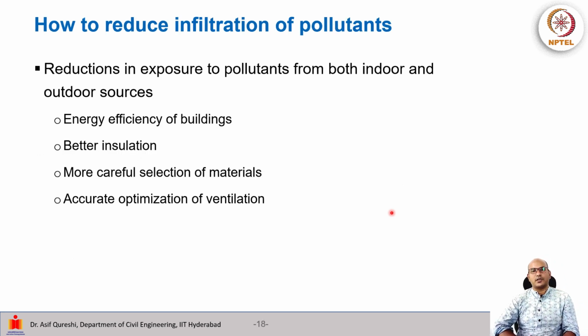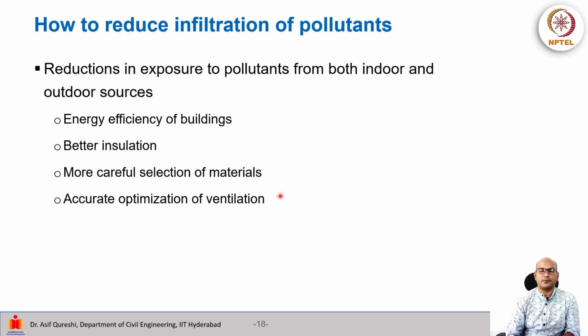So of course, how do we do that now? How do we reduce the infiltration of pollutants? Especially if we are talking about outdoor sources coming in, we must have energy efficiency of buildings and better insulation, because these will ensure the building is more airtight, which means less of the outdoor pollution is coming in. A more careful selection of materials indoors so that there is less emissions.